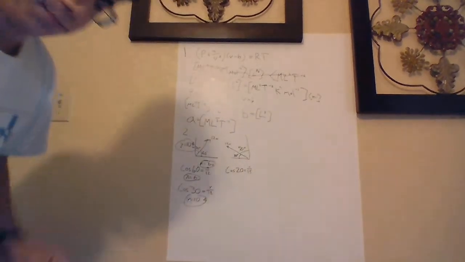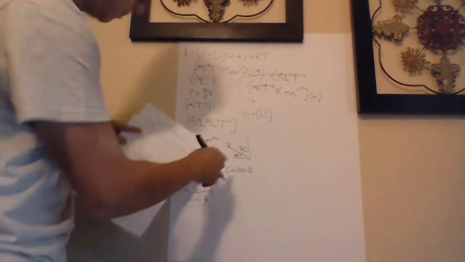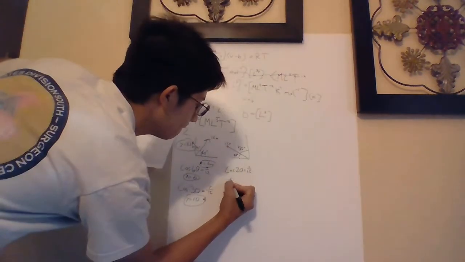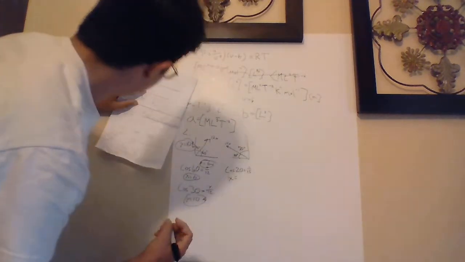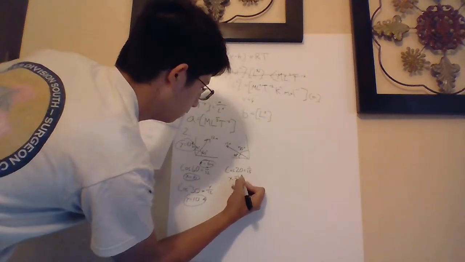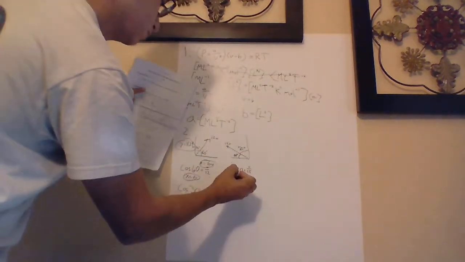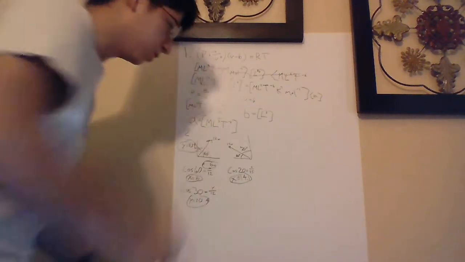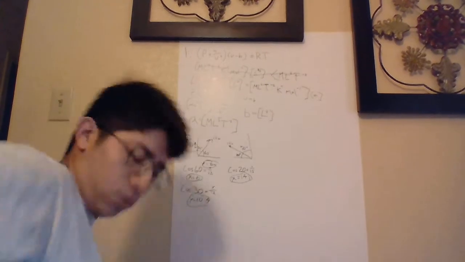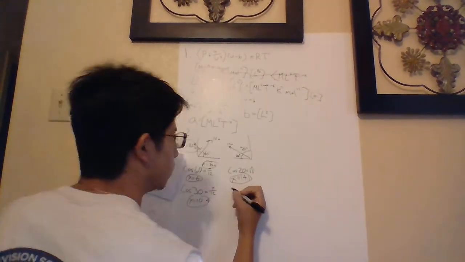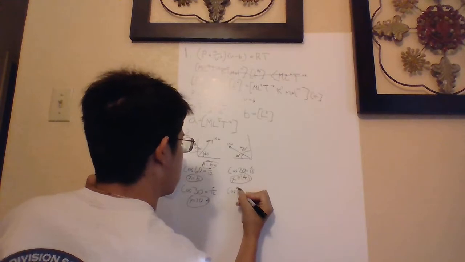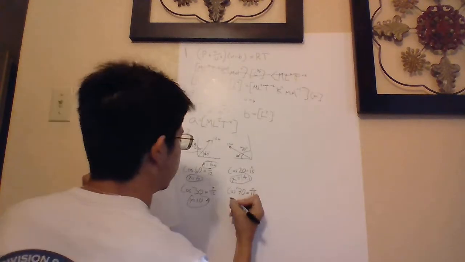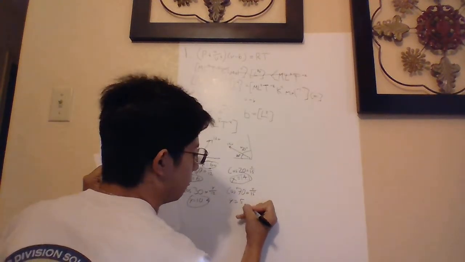That gets us to x equals 14.1. And for y, it's the same thing, cosine 70 equals y over 15. That gets us to y equals 5.13.